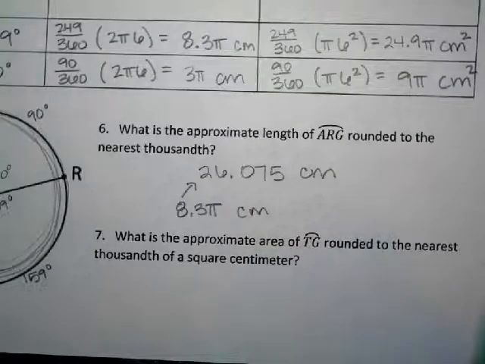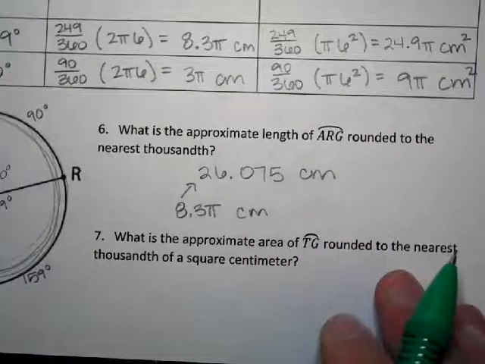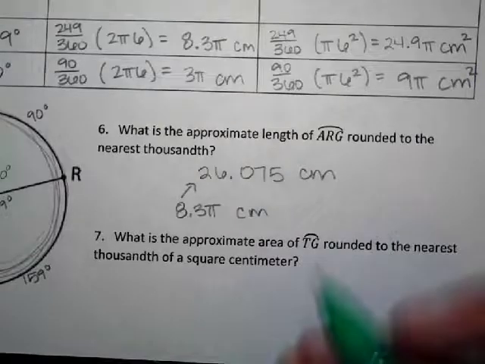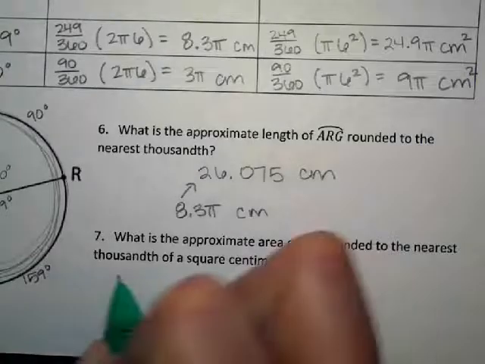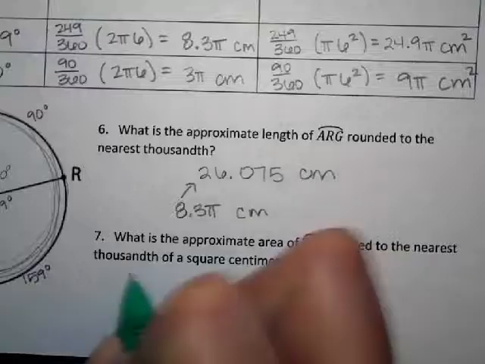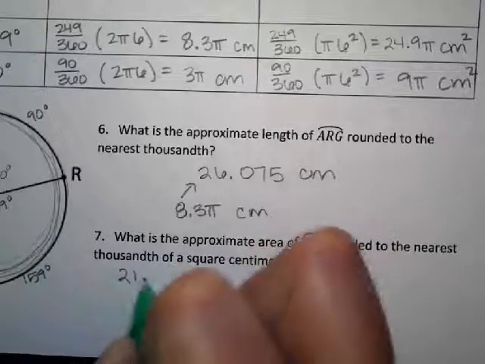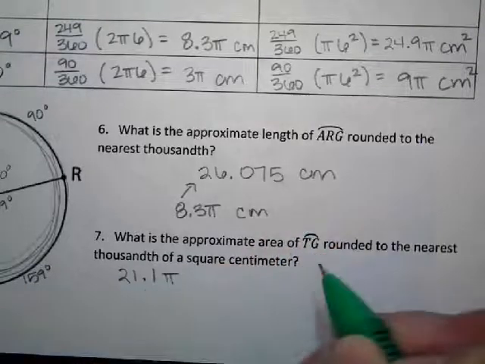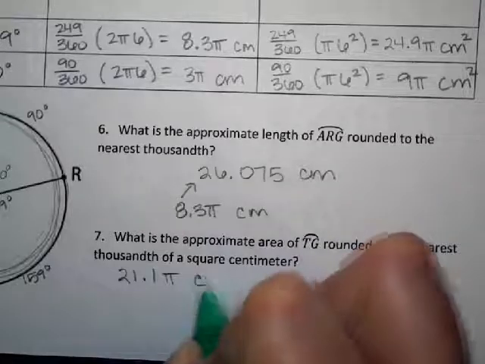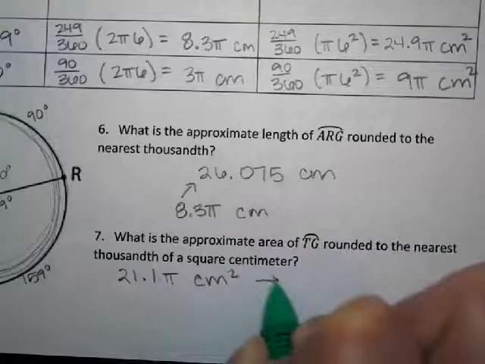All right, what was the area of TG? I'm going to be honest, I did not watch my own notes this weekend. It was, wait, it was what? 2.1 pi centimeters squared? Okay.